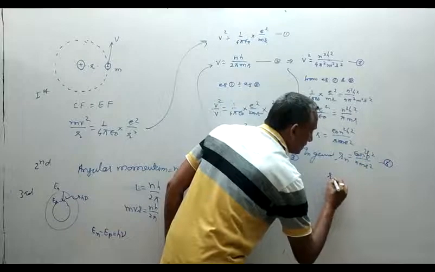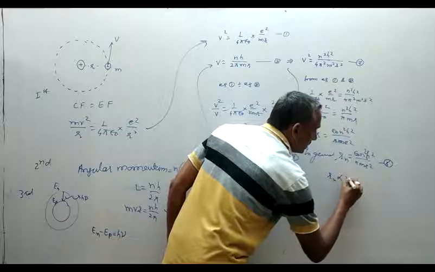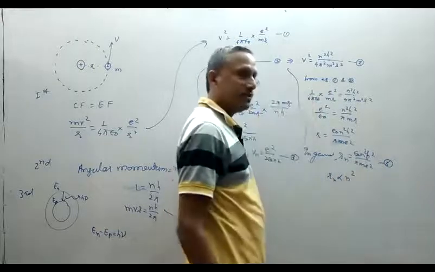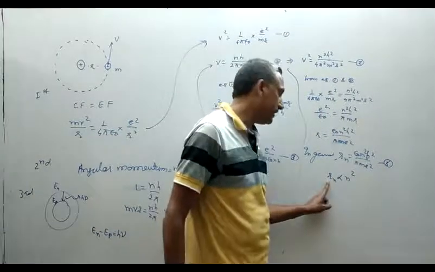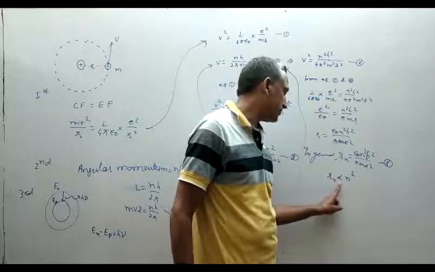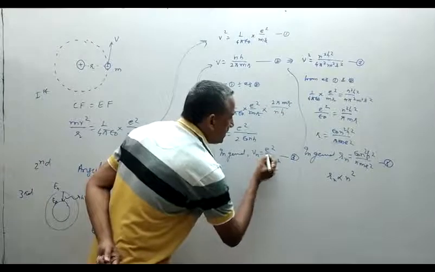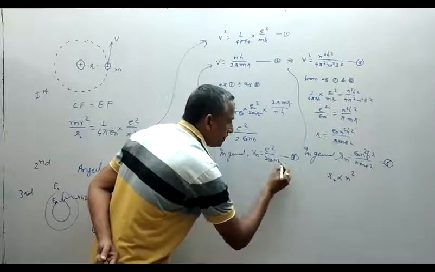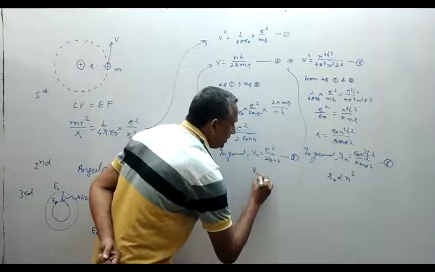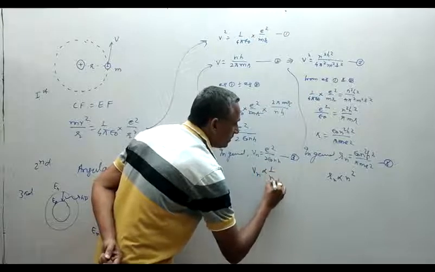Therefore rn is directly proportional to n square. Thus the radius of electron in nth Bohr's orbit is directly proportional to the square of the principal quantum number. And here e, epsilon 0, n, h are constant, therefore vn is proportional to 1 upon n.